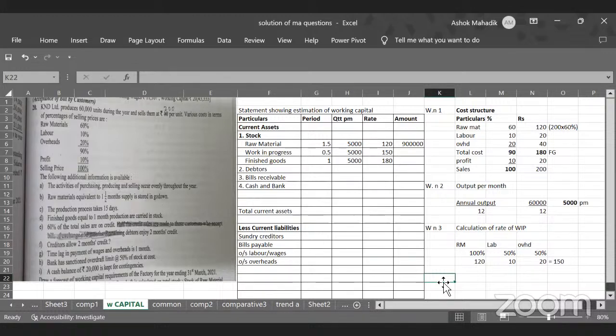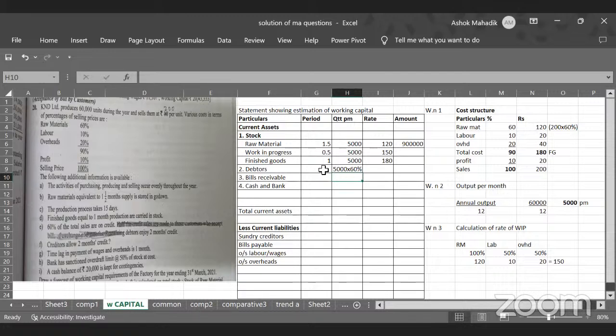In case of cash sales, the money is received on the spot, so there won't be any debtors here. Out of 5,000 units, 60% of sales is on credit. So here we'll take 5,000 into 60% only, because the remaining is sold for cash.